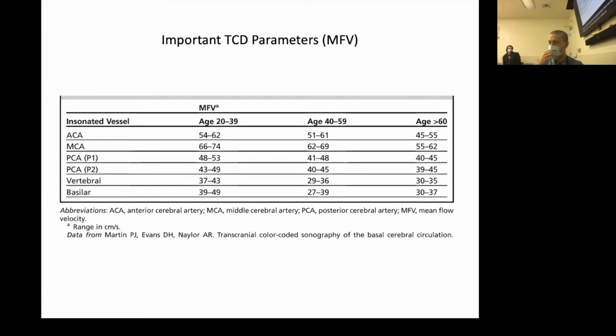A mean flow velocity for an MCA territory waveform should be somewhere between 45 to 65 centimeters per second. I just remember that the depth of the MCA vessel is 4.5 to 6.5 centimeters, and the normal velocity is 45 to 65 centimeters per second. That makes it really easy for myself.